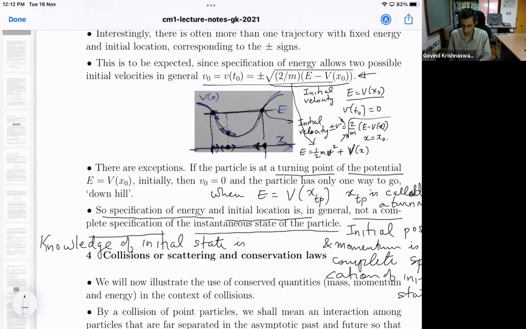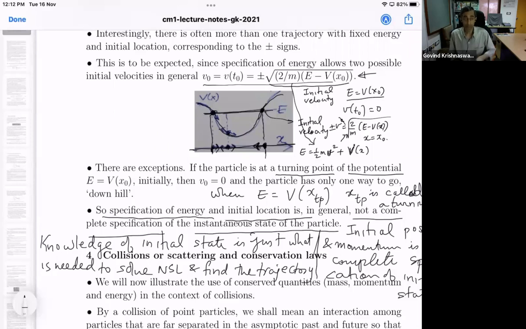It is adequate, just what you need to solve Newton's second law and find the trajectory. Okay, so this is the story. Any question about this?